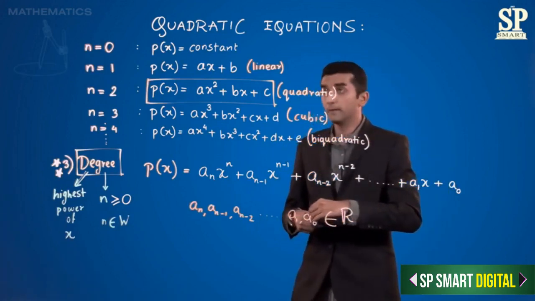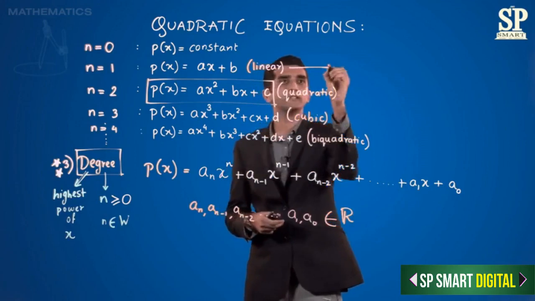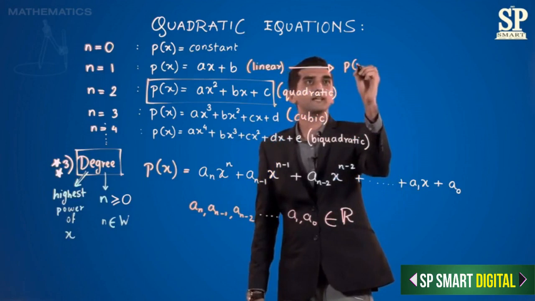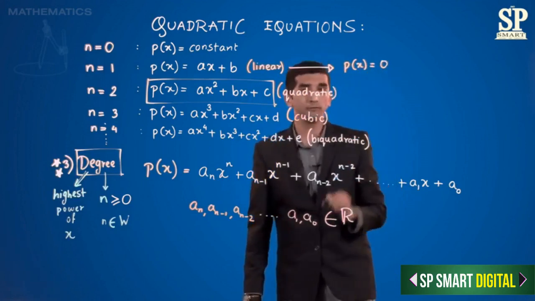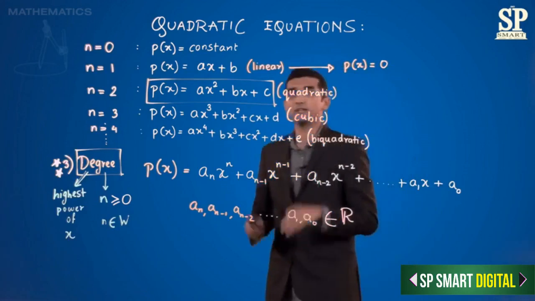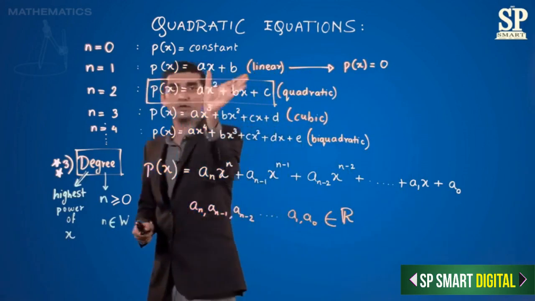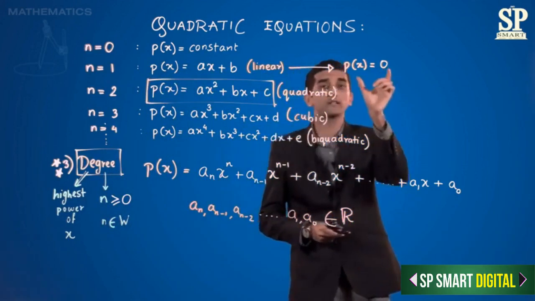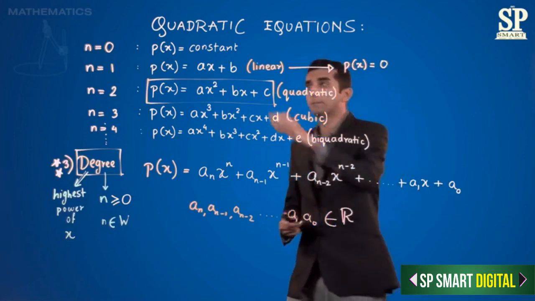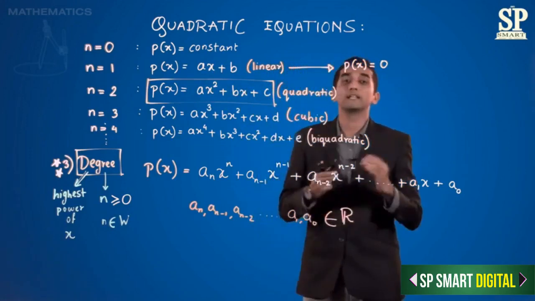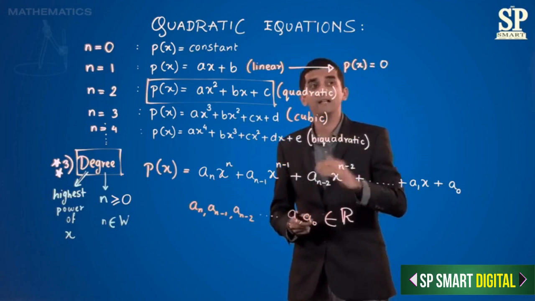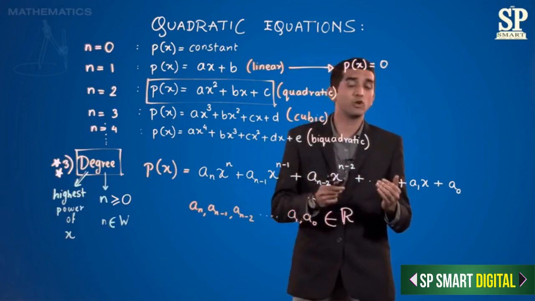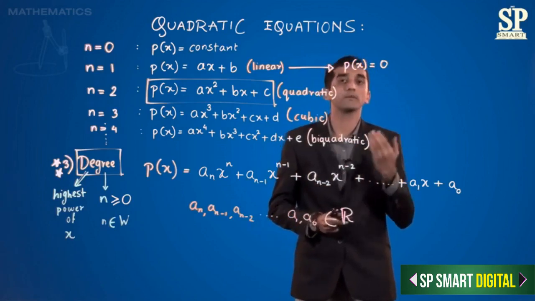Here, for this particular linear polynomial, if I say p(x) is equal to 0, which clearly suggests that I'm equating this linear polynomial with 0 so that we can find the roots of this particular equation. Now p(x) is equal to ax plus b is called a linear polynomial, and p(x) is equal to 0 for this particular linear polynomial is called the linear polynomial equation.